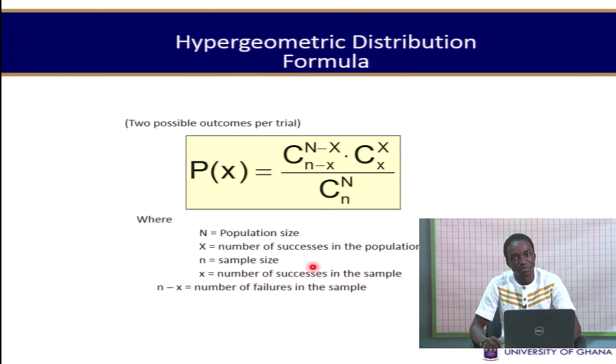Small n is the sample size, and small x is the number of successes within the sample. That is the number of individuals with the required attributes within the sample that you have. And mind you, small n minus small x represents the number of failures in the sample.